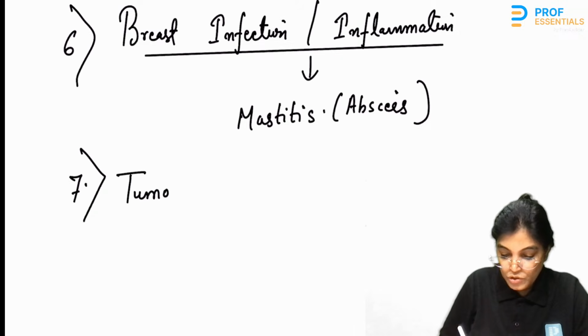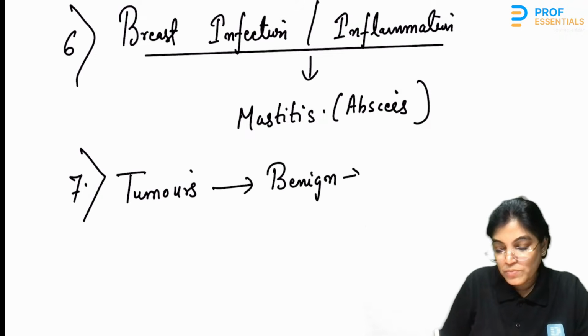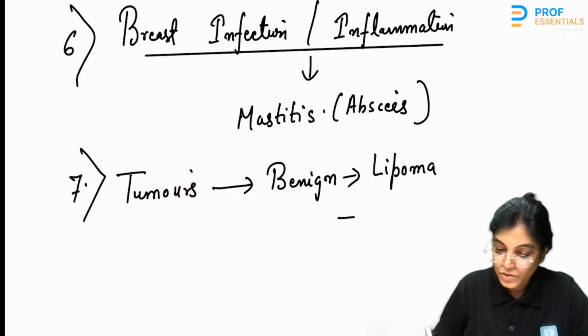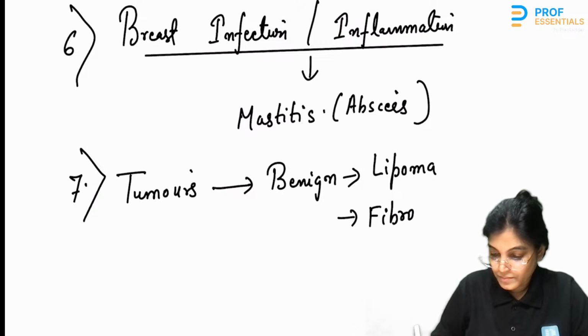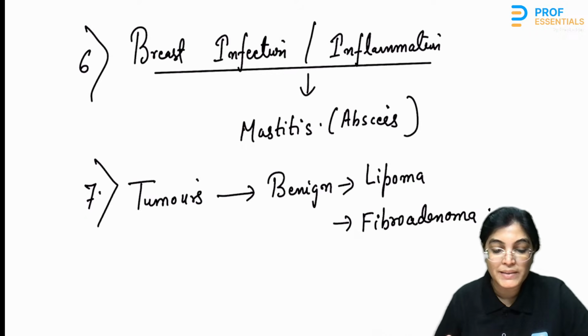If I talk about the tumors seen in the breast, the benign tumors of the breast are lipoma and fibroadenoma. But they should always be followed up to see that they are not having any malignant changes.